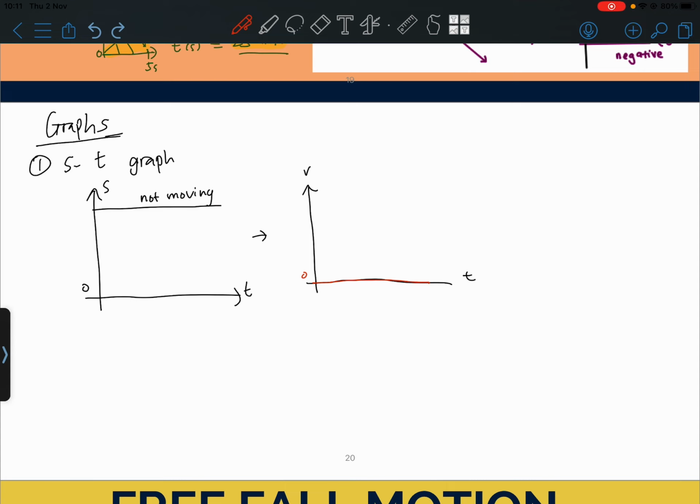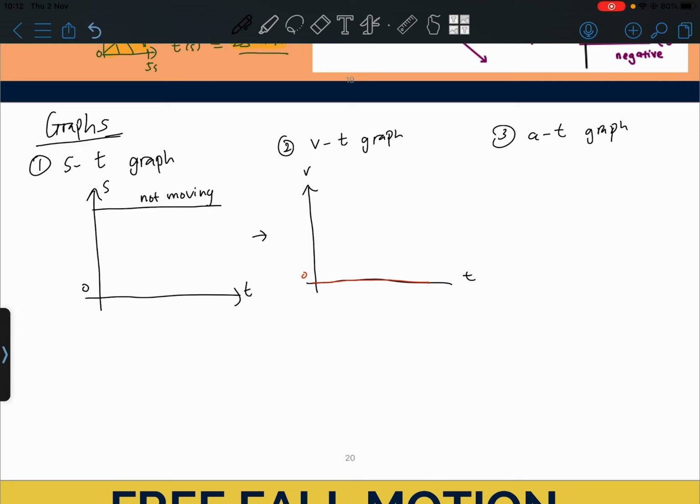And then we have of course the AT graph. The second graph is the VT graph, and thirdly is the AT graph. So you only have 3 types of graph in this case.